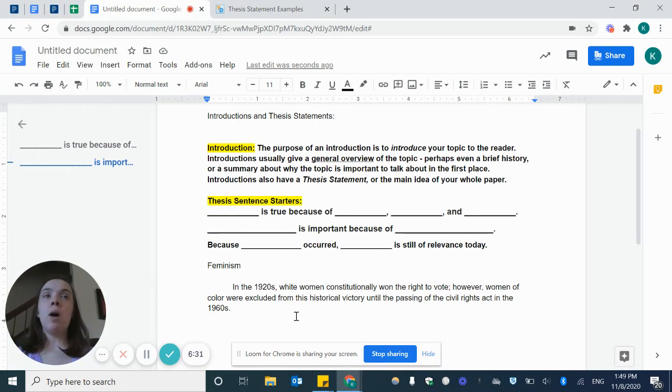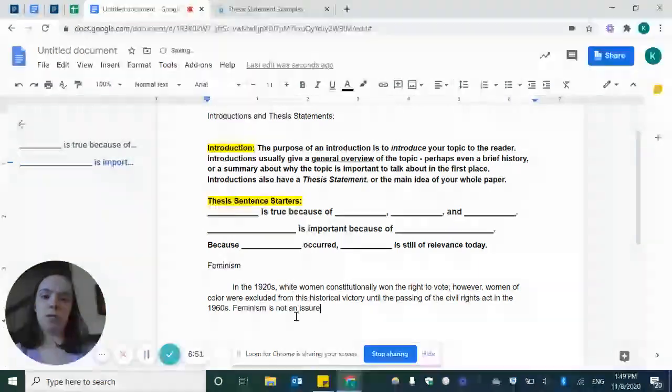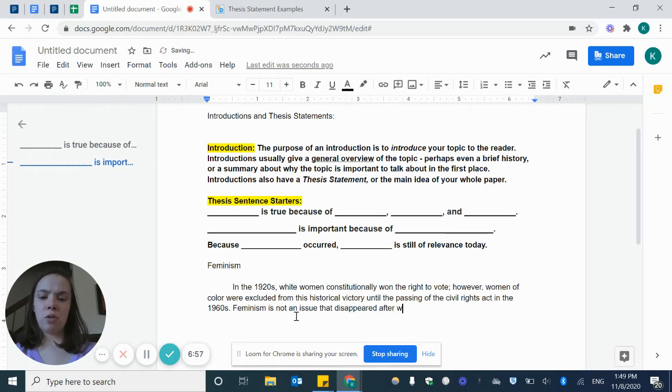Maybe I've decided that I want my paper to focus on modern day feminism. And so maybe I'll continue and say, feminism is not an issue that disappeared after women gained the right to vote.